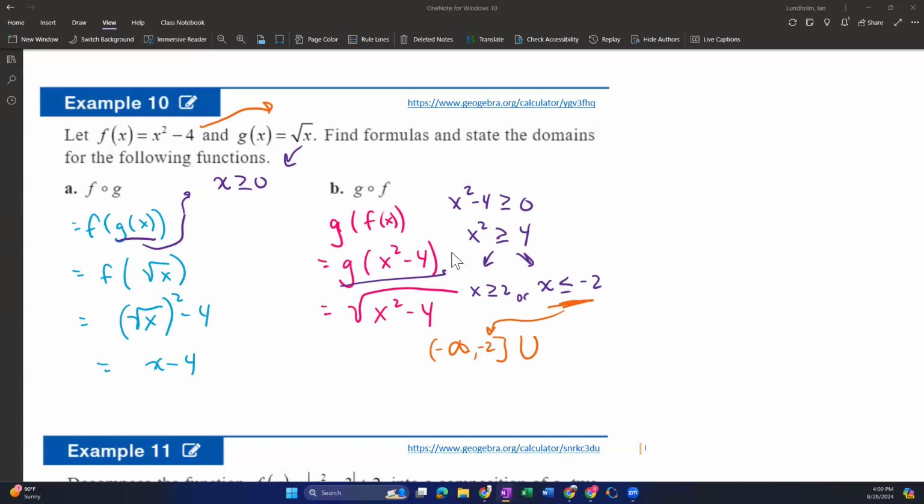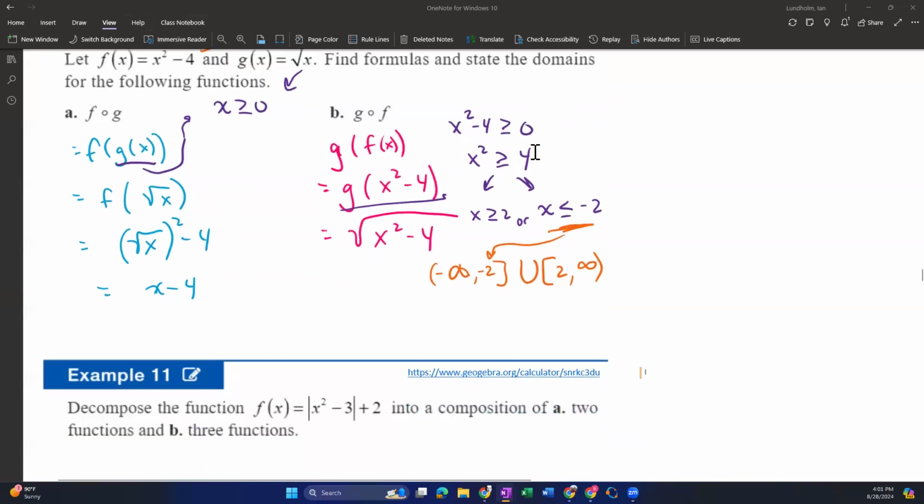We throw a big old U in the middle for union, and then we go 2 and infinity, open parentheses on the infinities because we can't put infinity in a box. We can't find the end of it. And then hard brackets on the 2 and -2 because we do want to include those in the solution. So that's why we saw a gap in the middle of this one and just going on from x equals 0 on this one. Okay, cool.